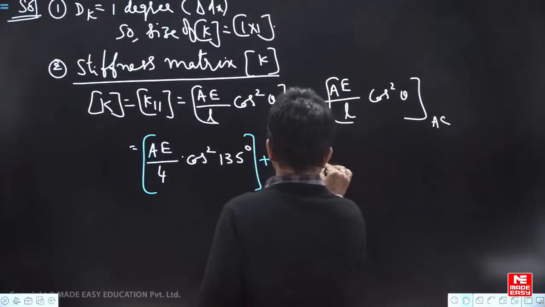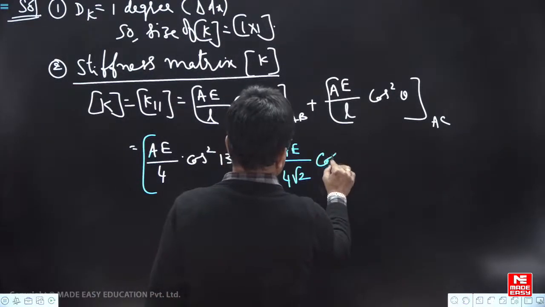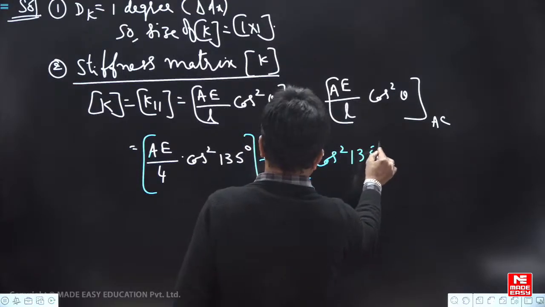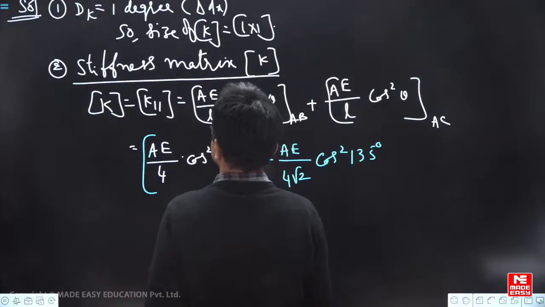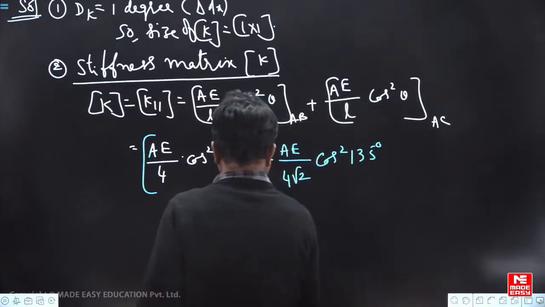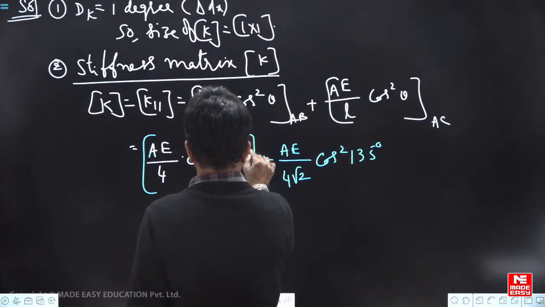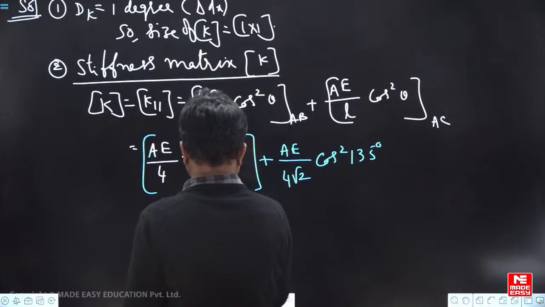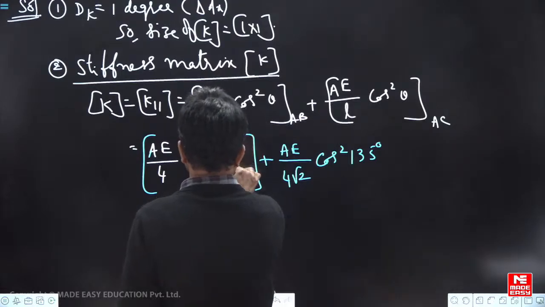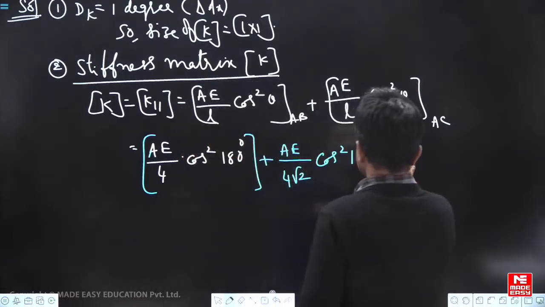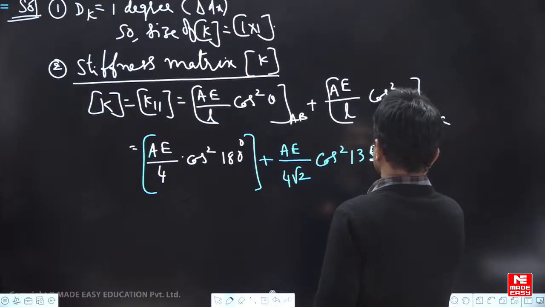4 root 2 into cos square 135. Cos square, this is 180 degrees. This is cos square 180 degrees. For this, 135 degrees.